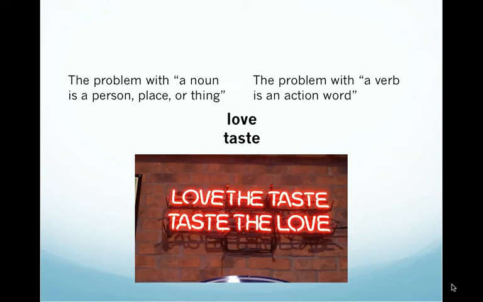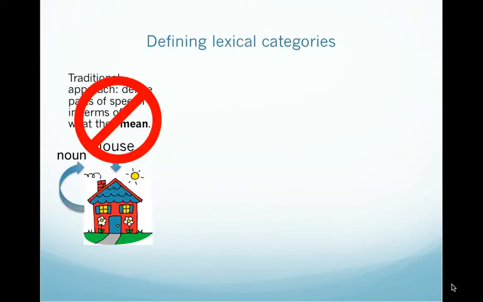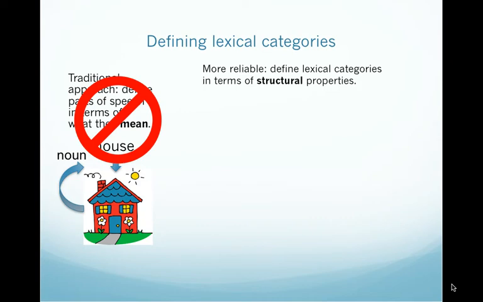This is why it's not possible to reliably define lexical categories in terms of meaning, because they actually have a particular lexical category depending on how they are being used in a given sentence. So, the traditional approach to defining lexical categories in terms of meaning is not reliable enough.